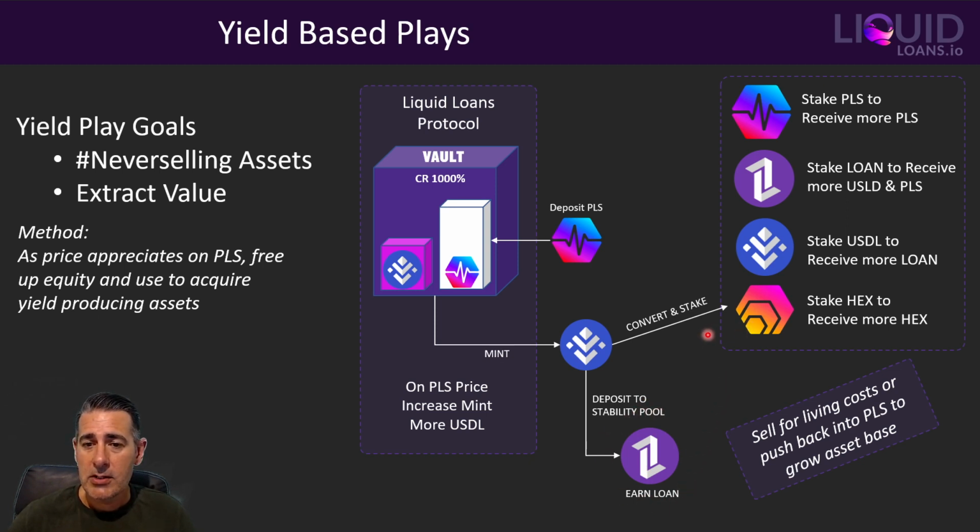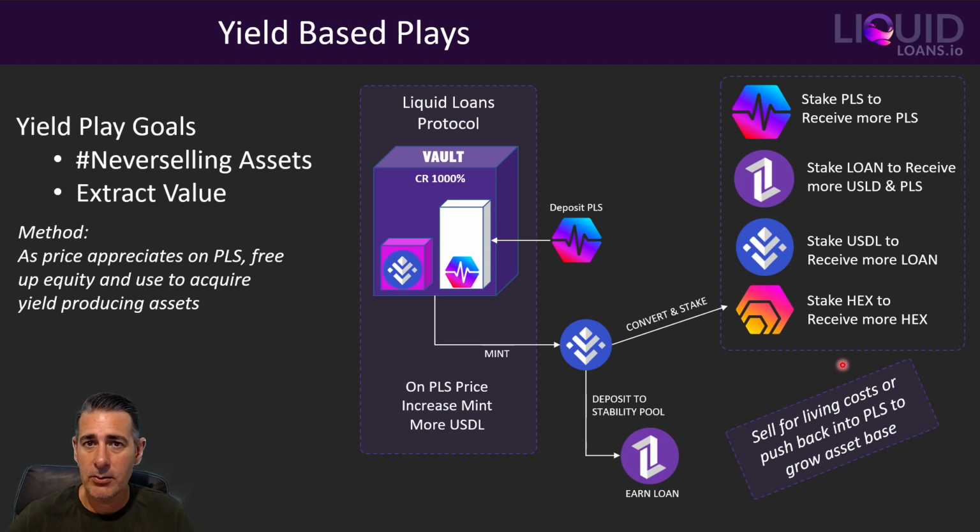And last but not least, we go and acquire some more Hex. That Hex that we acquire, we stake that. What do we do when we stake Hex? We receive more Hex. Okay, so all of these assets here are all yield producing assets where you don't have to extract the value from them, you don't have to sell the original asset.